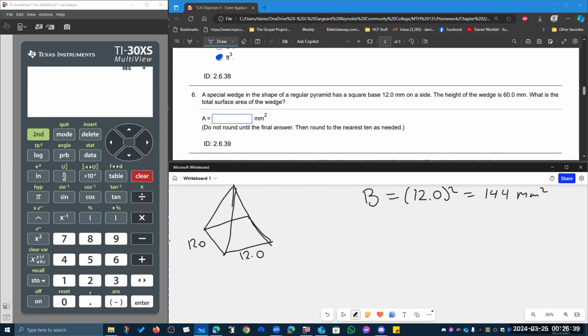The height is 60.0 millimeters. And I need the surface area, the lateral surface area, which is 1/2 PS. P is the perimeter of the base, which is 4 times 12.0, or 48.0 millimeters.